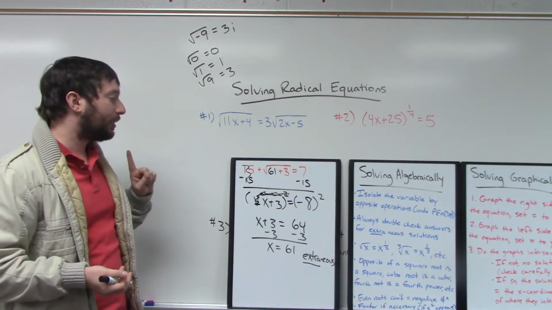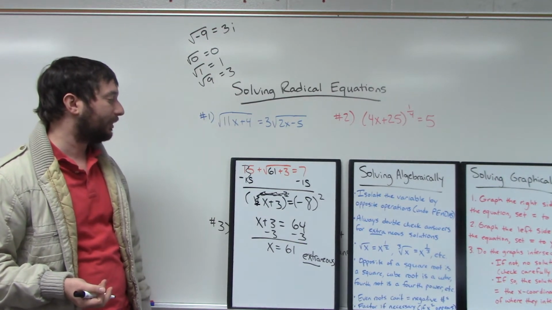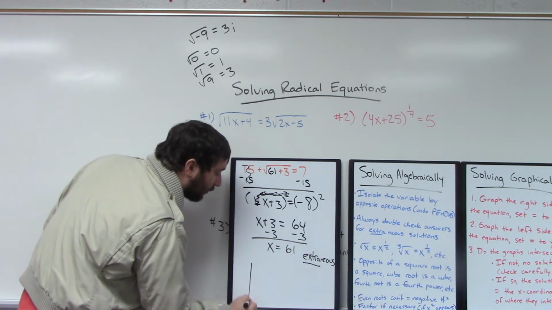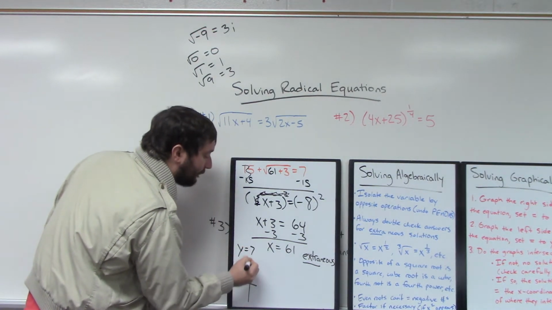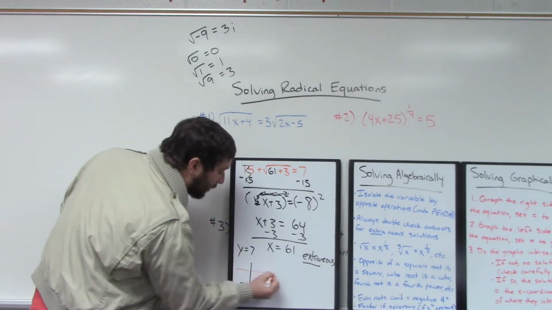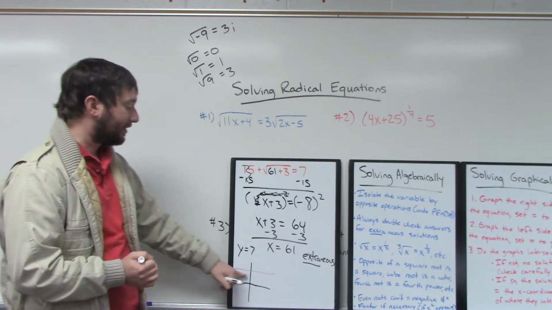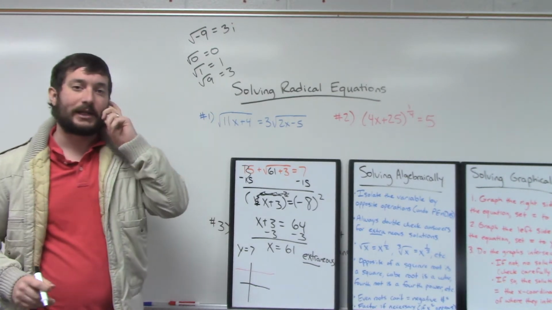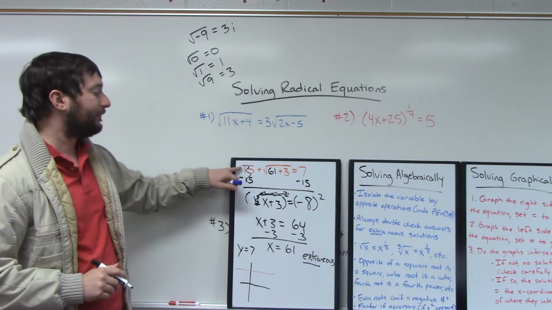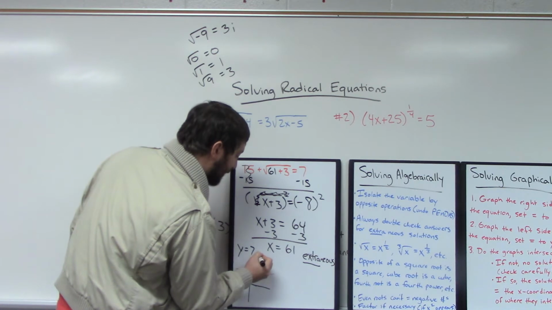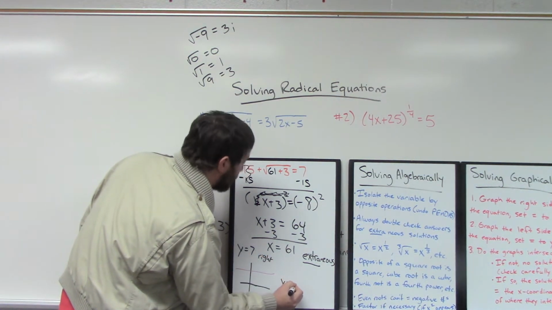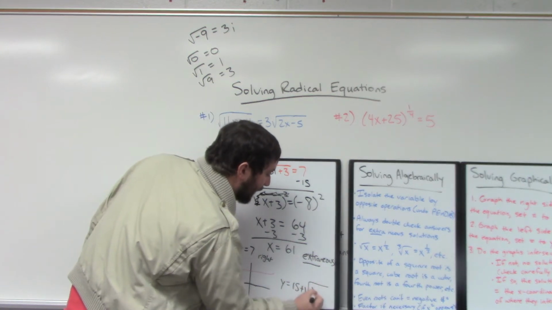Graphically now, how we could also determine that this does not have a solution is by taking a look at the right-hand side of our initial problem, which is y equals 7, and graph how that looks. How that's going to look is going to be a horizontal line crossing the y-axis at 7. The left-hand side was y equals 15 plus the square root of x plus 3.